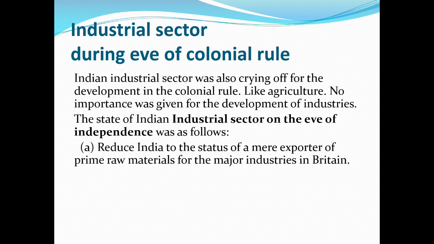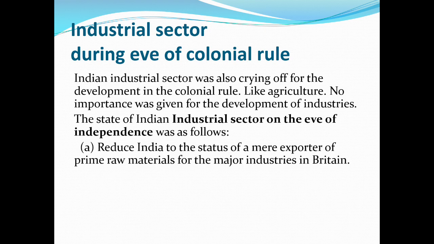Their only intention for the industrial sector was that whatever raw materials India produced, India was supposed to only export them and have nothing to do with them further. There were no exports to other countries. They were exporting only to Britain, and Britain had various industries.